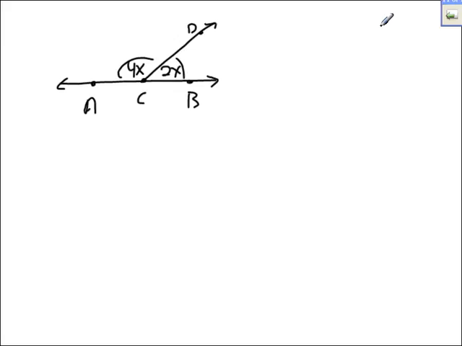And you're asked to find those two angles. Exactly how much is this, exactly how much is this? Well, you know that the sum is a straight angle. The sum is 180. That is, the angles are supplementary. They add up to 180.